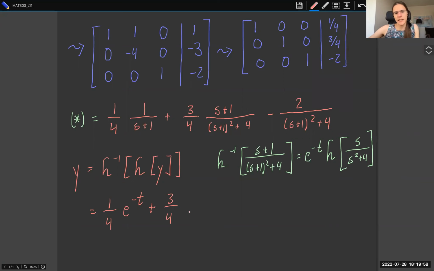So we're going to get an e to the minus t here again, and then what are we going to get? Now it's cosine 2t. Yeah, cos 2t.